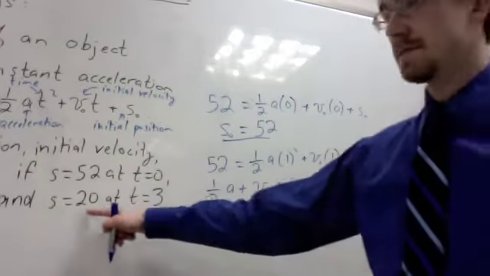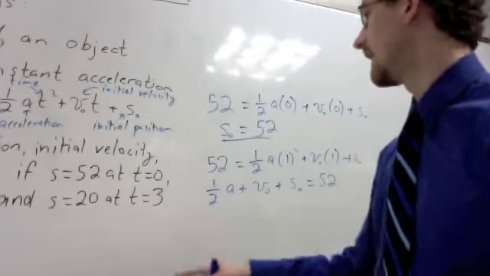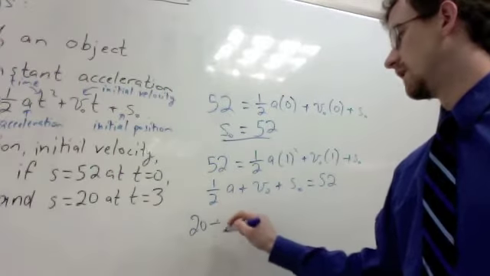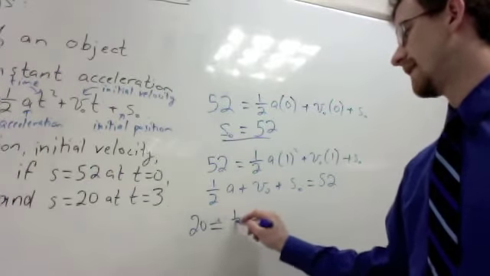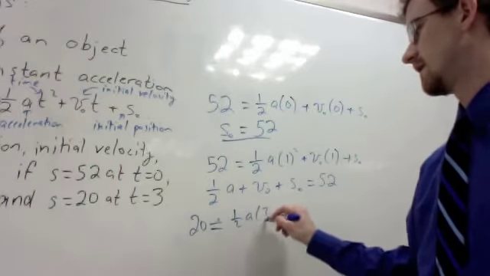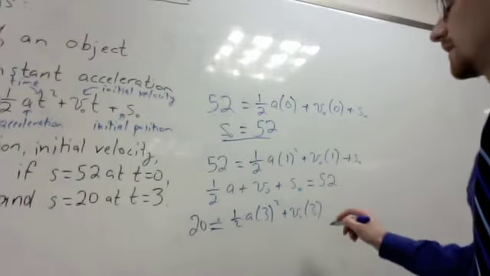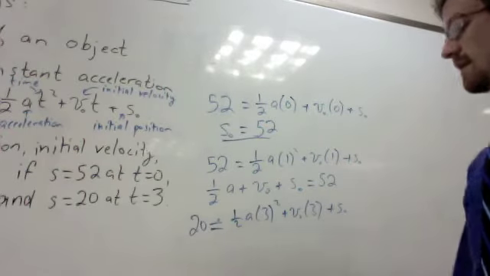And our third equation, we have s equals 20 at t equals 3. So 20 equals 1/2 a times 3 squared plus v naught times 3 plus s naught.